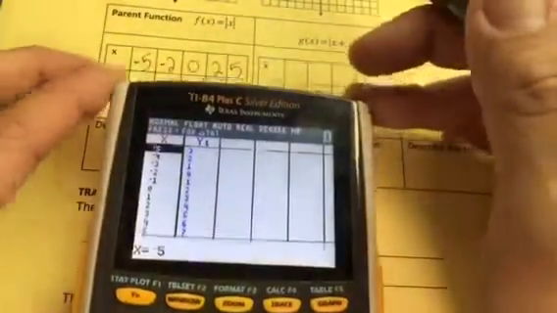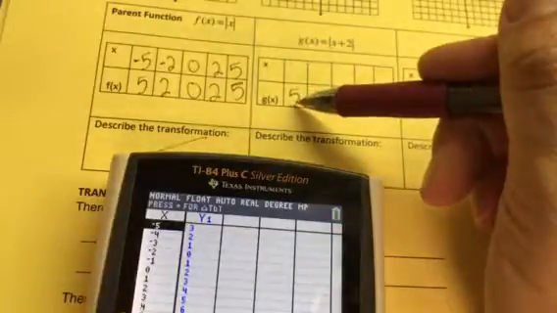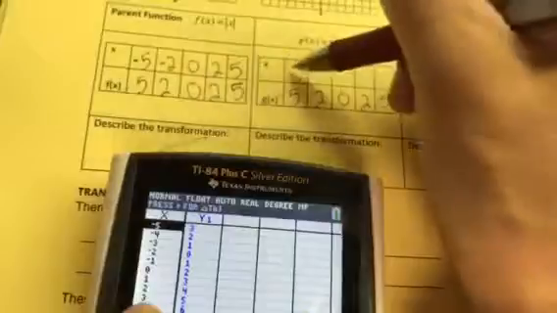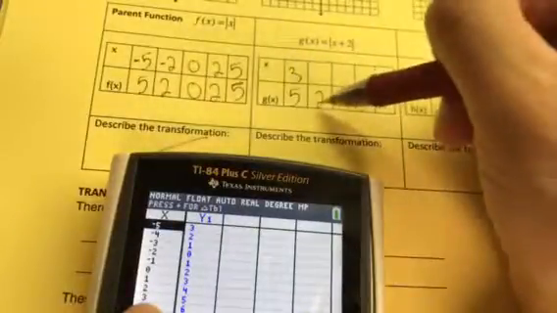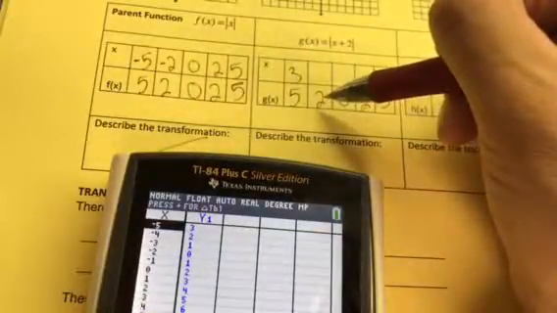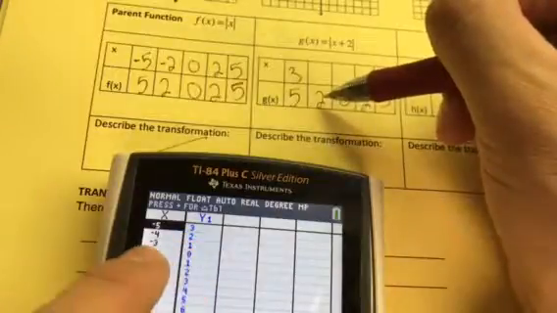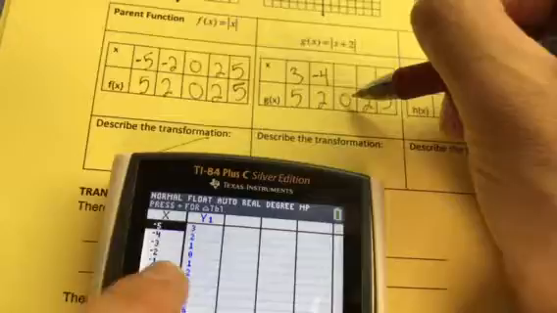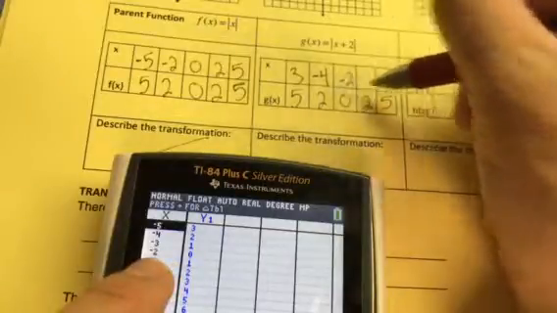All right, so if y is 5, then what was the x that got me there? And that's a 3. And if x is 2, what's the y that got me there? That's a -4. And if x is 0, the y that got me there is -2.